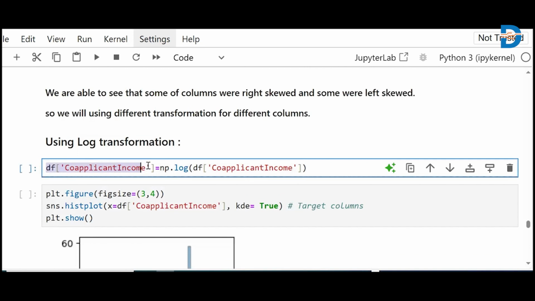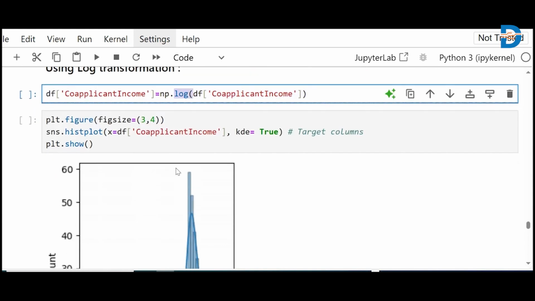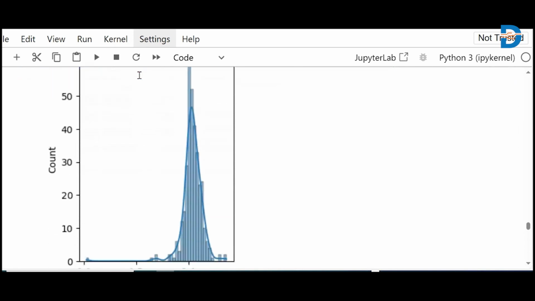Logarithmic transformation application is very easy. Just call that particular column, df in square brackets, mention the column name, equals np dot log, where np is a short form of numpy, and pass your column name. Your transformation has taken place. Now again I try to plot it, a hist plot of the same co-applicant income.